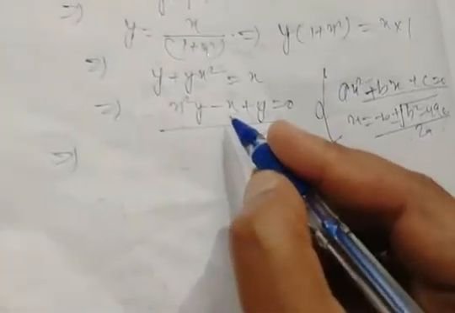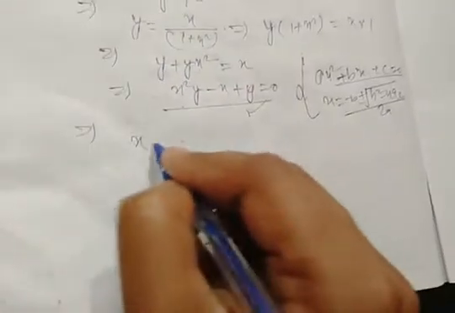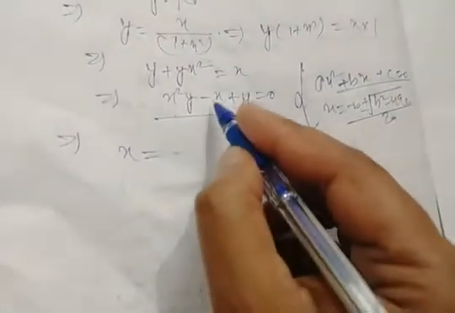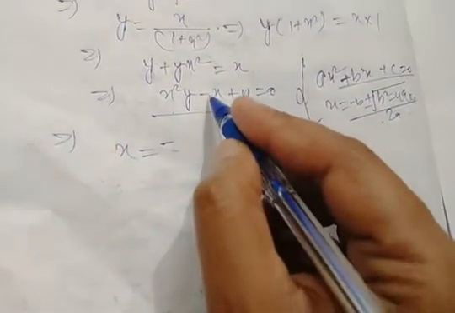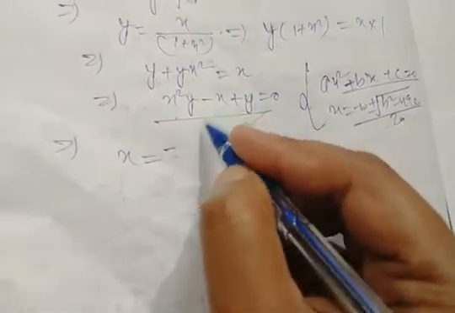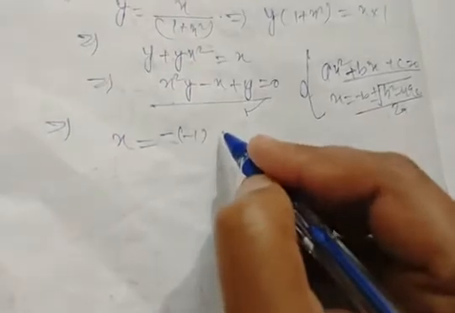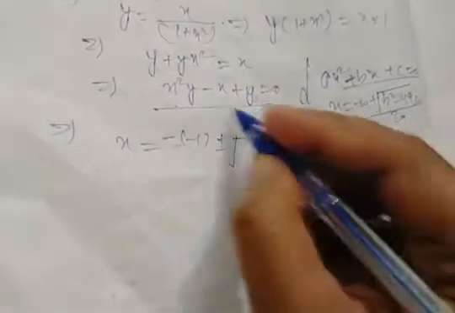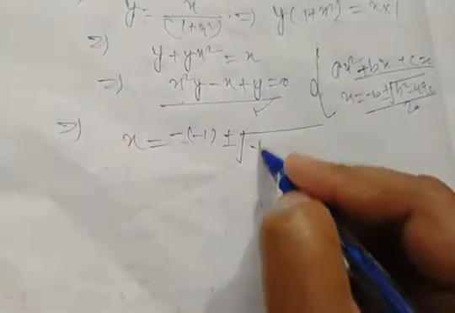This is a quadratic equation in x, so we get x is equal to minus b. The coefficient of x is minus 1, so minus b is 1, plus minus root of b square, where the value of b is minus 1, minus 4ac.